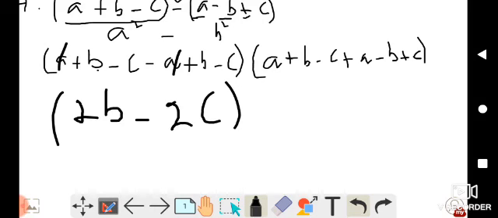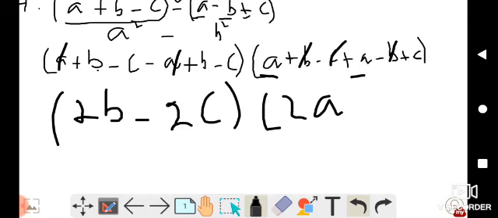Now the first bracket has been cleared. Now the second bracket: a positive, a positive, means we will add these both. So 2a, this a and this a. b is positive, b is negative, cross it. Okay, c positive, c negative, also cross c. So the answer is 2b minus 2c, and the second bracket is 2a.